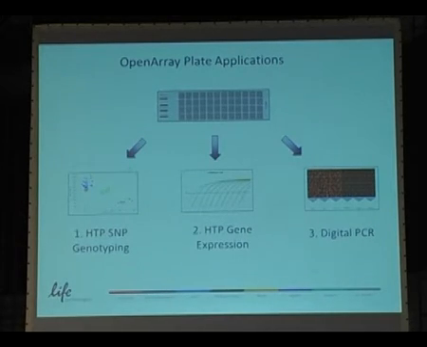So this is great for doing basic research into pathway analysis. The final application is digital PCR. And with this application, as I mentioned earlier, we're pushing the performance of standard qPCR in terms of sensitivity and precision. And that has some niche applications in rare contaminant detection or GMO detection.